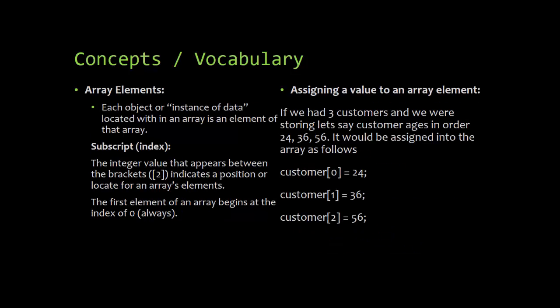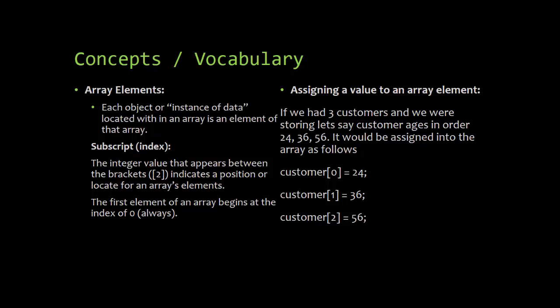So what is an array element? Well, each object or instance of data within the array is called an element. So if we thought about this for a second and we said, okay, age in customers is an element, so each index or particular section of the array, such as 0, such as 1, 2, 3, etc., all have the element of age. The subscript or index is essentially the location you are referring to.